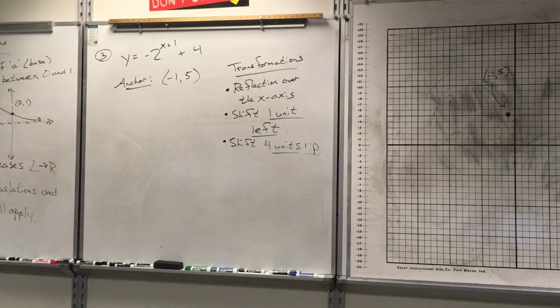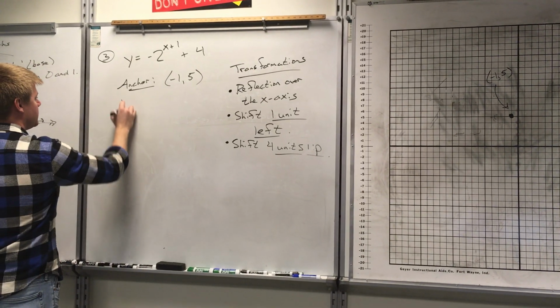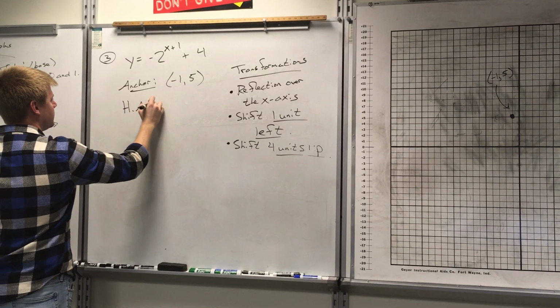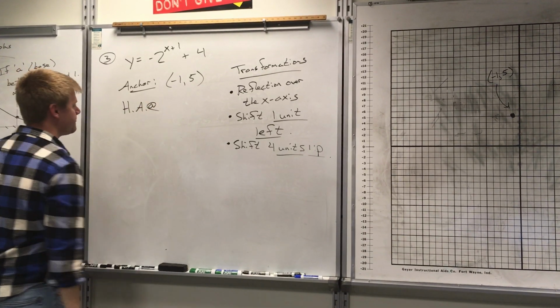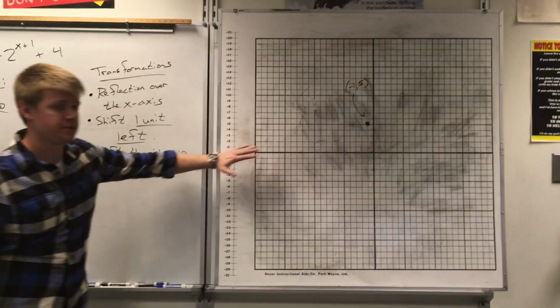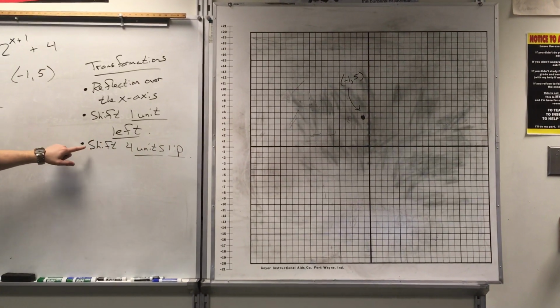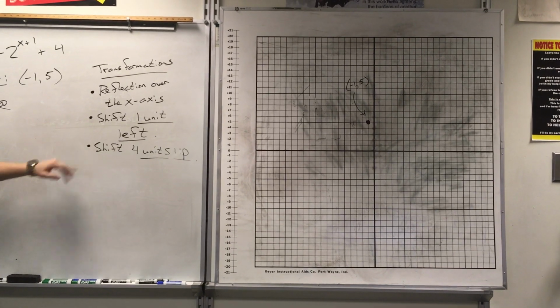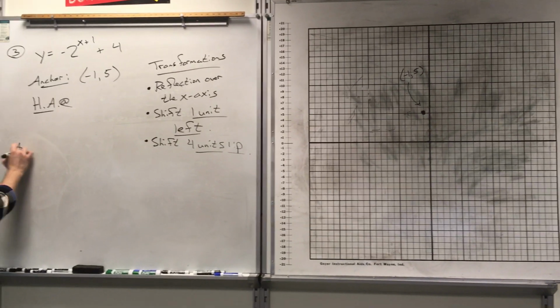Finally, as I mentioned before, we now do the same thing with the horizontal asymptote. And once again, this is always going to directly correspond to the vertical shift. So I'll make a note of that here at the bottom.